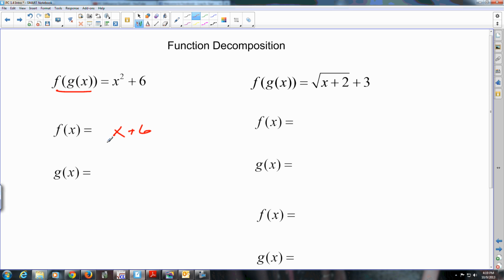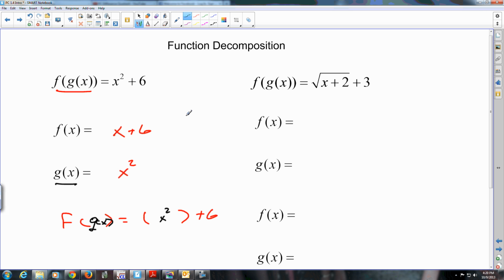And I have to do it in the order that this is given. How about x squared? So, follow the advice I gave you. F of something is something plus 6. And then go and fill in g of x inside here. G of x is x squared. And there it is, x squared plus 6.